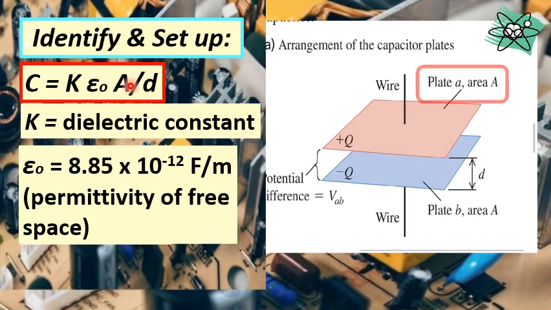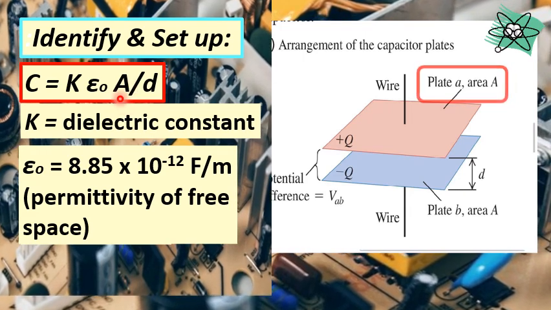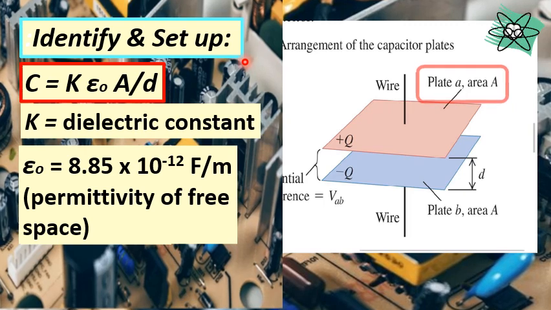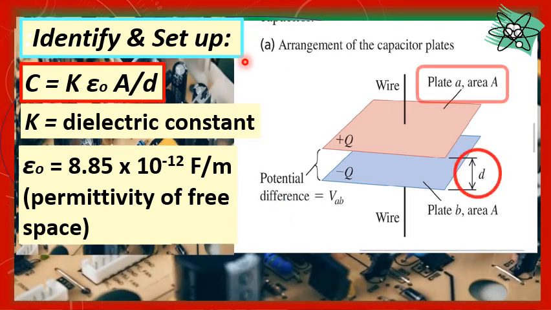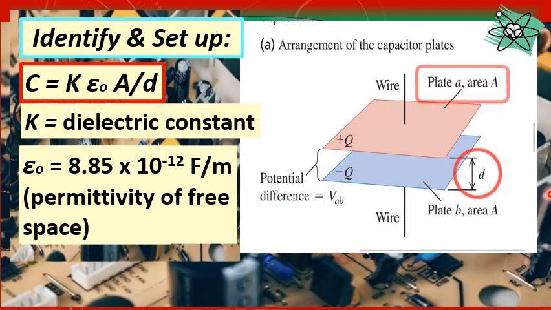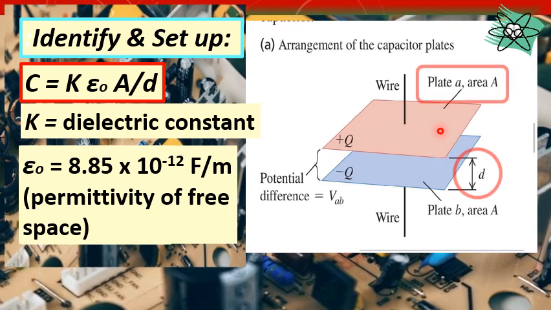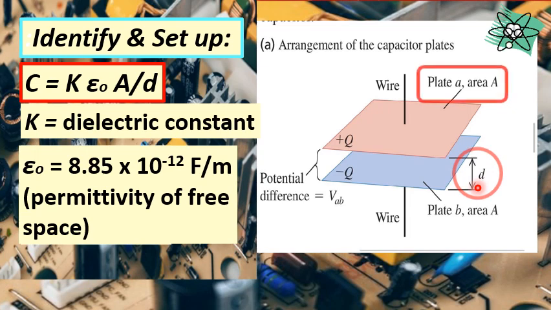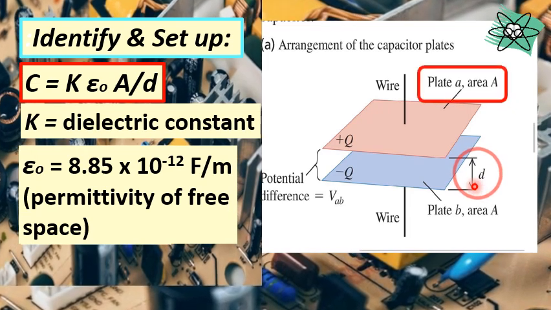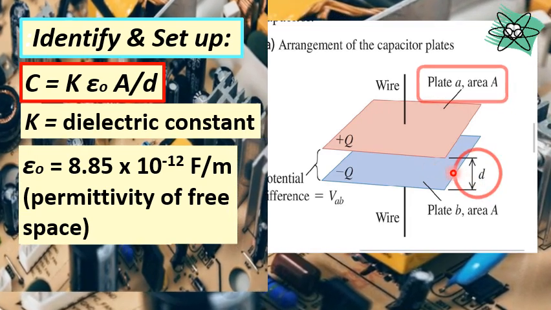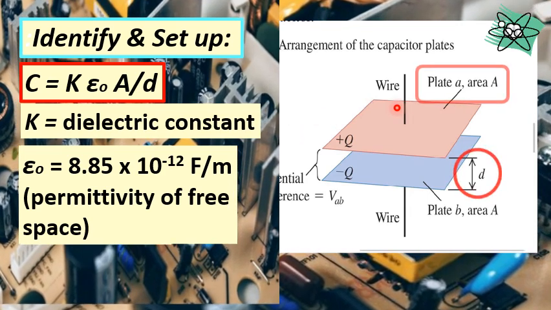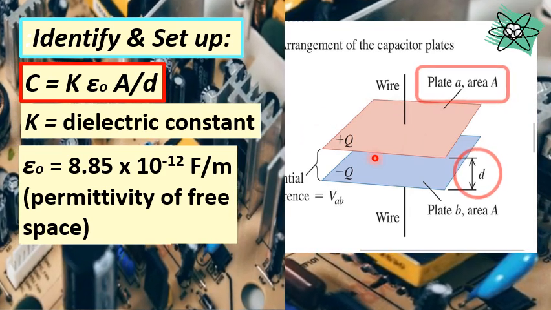That is what we mean by capital A in this equation. And of course, small letter d is the separation distance. Usually, the value of the separation distance is much smaller compared to the dimension of the plate.